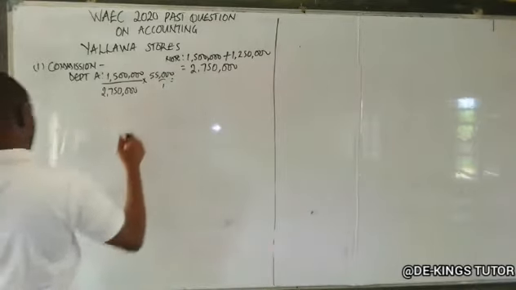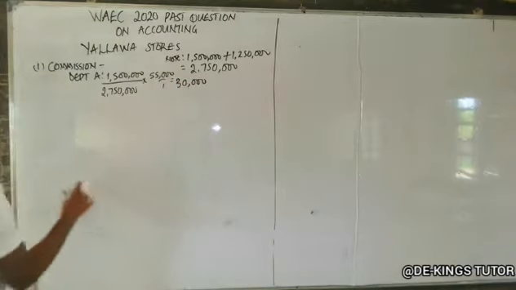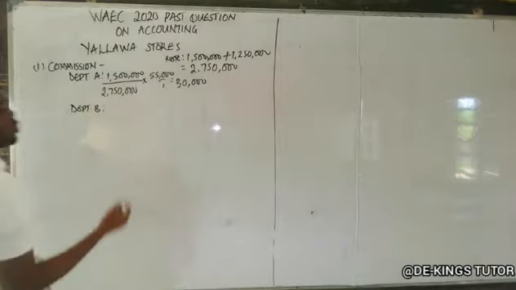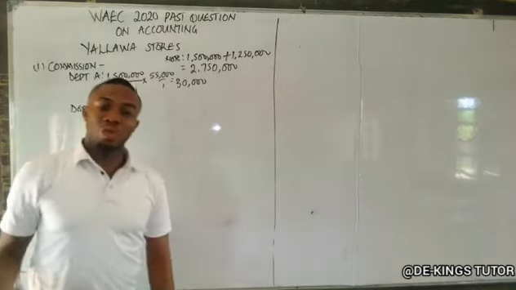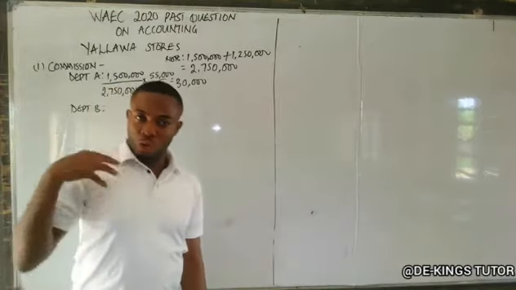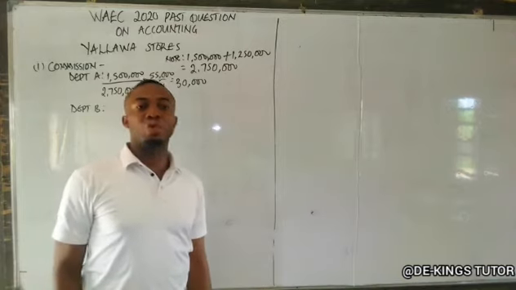The next one is for Department B. The reason we are doing this is because commission was just given plainly. It wasn't shared between the two departments. So they want us to apportion that commission expense according to the sales made. We add the two sales to get the total figure.